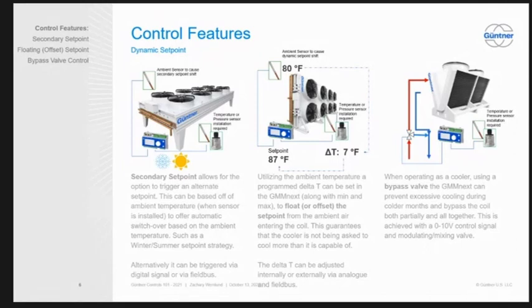A lot of grocery stores have it standalone, but they might need 2 set points, one for winter and one for summer. If you have it set up properly with the proper sensors, you can put 2 set points in the controller, and based on the ambient temperature, our controller will know when to switch and have one set point when it's over 60 degrees Fahrenheit and another set point when it's under 60 degrees. And that's all done by itself.